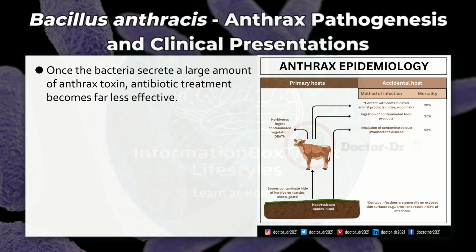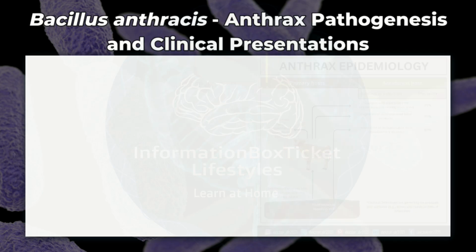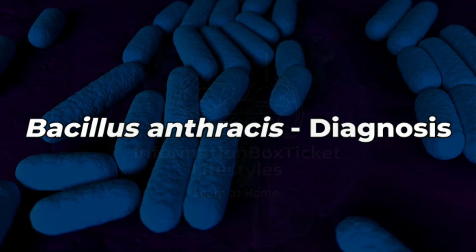Once the bacteria secrete a large amount of anthrax toxin, antibiotic treatment becomes far less effective. At this advanced stage of anthrax pathogenesis, disrupting the biological activity of the toxin may be a more effective approach. Bacillus anthracis.